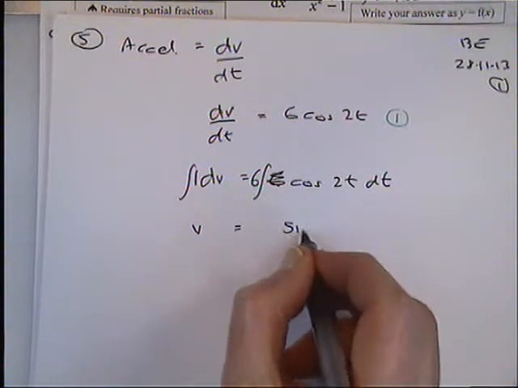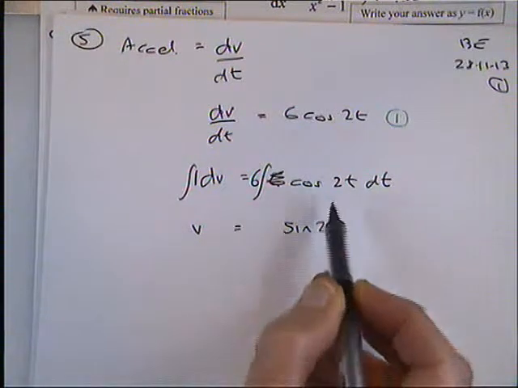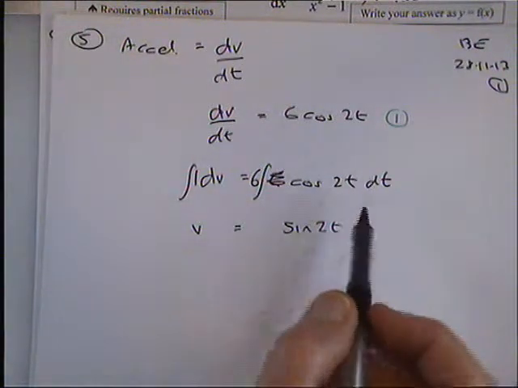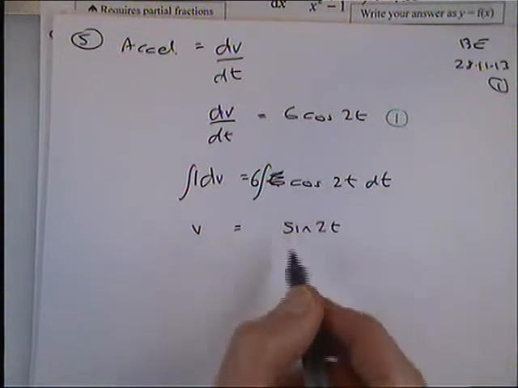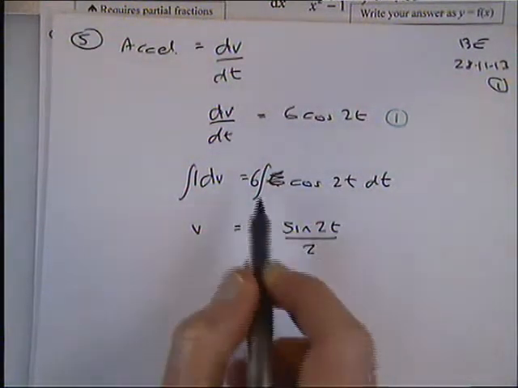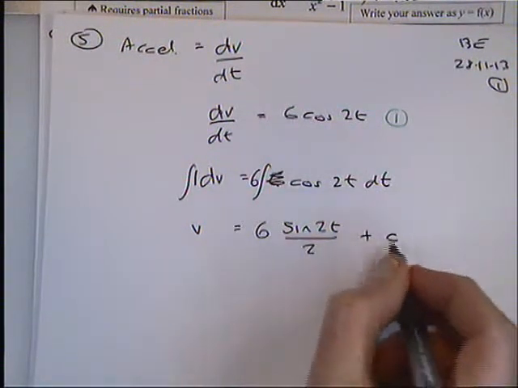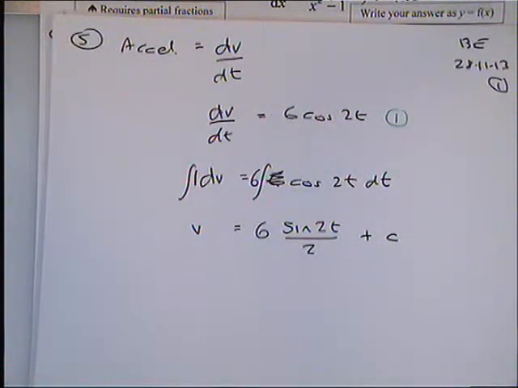Sine. So, what is wrong with cos 2t integrating to sine 2t? It's over 2. Yes, that's right. Whatever the number is here, that number comes down there. That 6 stays out the front, and I've got a plus c which I put in because I've now finished my integrating.